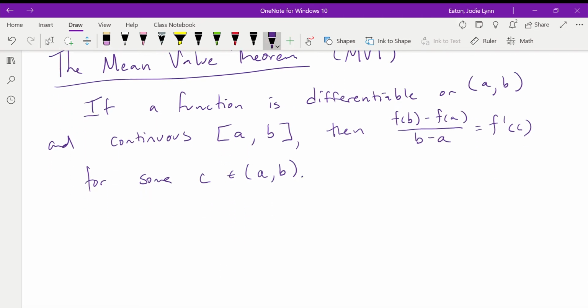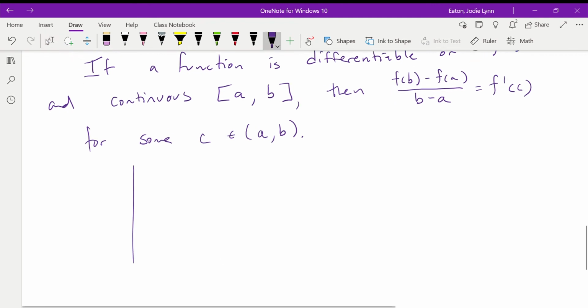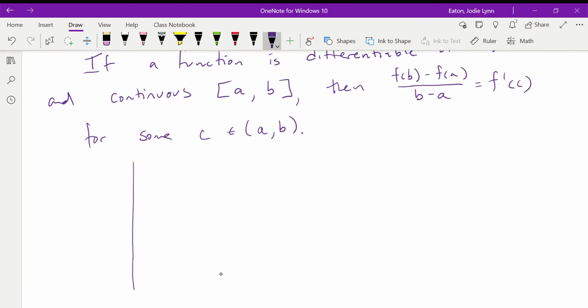So what does that mean? Well, f of b minus f of a over b minus a. Let's have a look at a function on a graph. If I have a very beautiful function here, and I have my point A here, and my point B here.